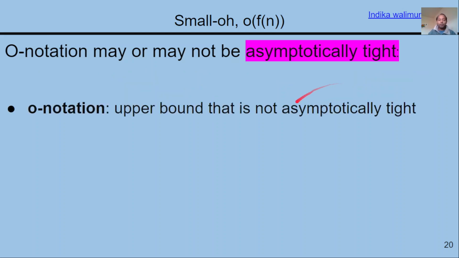So basically, we use small O notation to indicate an upper bound that is not asymptotically tight. If it is not asymptotically tight, we can use the small O notation.